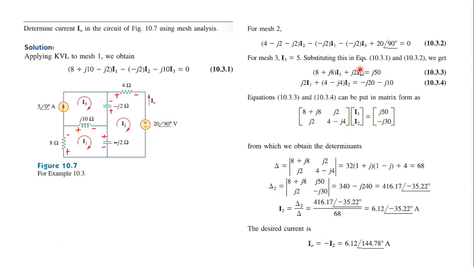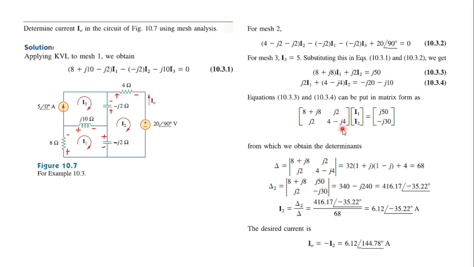This can be written in matrix form: 8 plus j8, j2, j2, 4 minus j4, times the vector of I1 and I2, and on the right hand side we have j50 and minus j30.